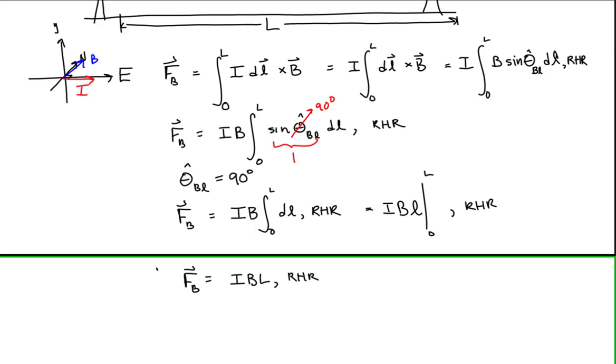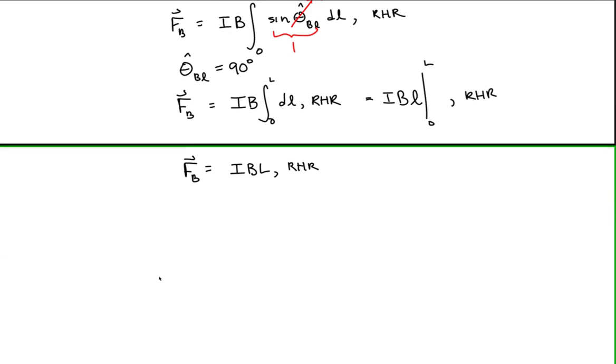But let's go ahead and look at that. We have the current going eastward. So this is the direction of the current, which means a current element, dl, is also eastward. We know the magnetic field is going straight away from us, so we'll represent that with an x.